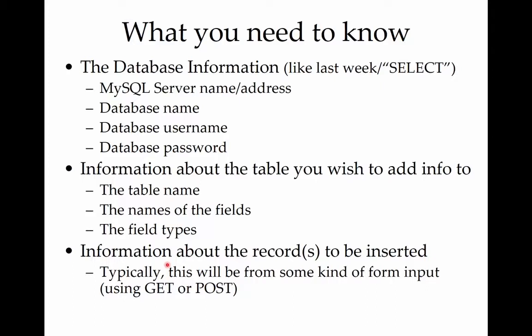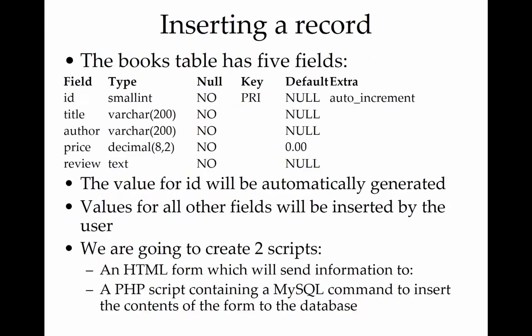So I'm going to show you how the table looks like for our book example we looked at last time. This is our book example. I've got a field called ID. It's my primary key, and it's auto-increment. Auto-increment means the database will automatically hand out new numbers for each new book.